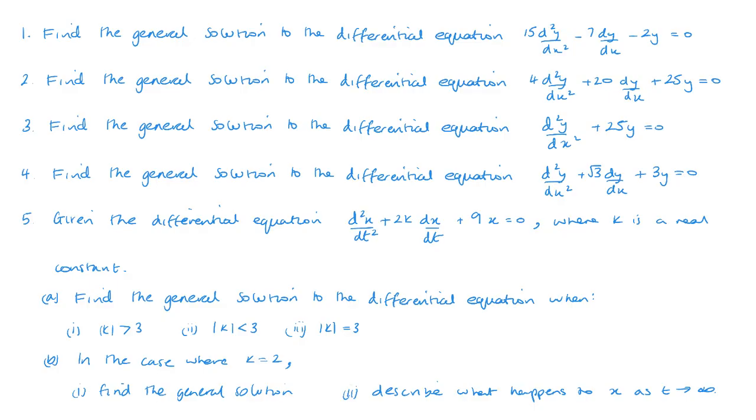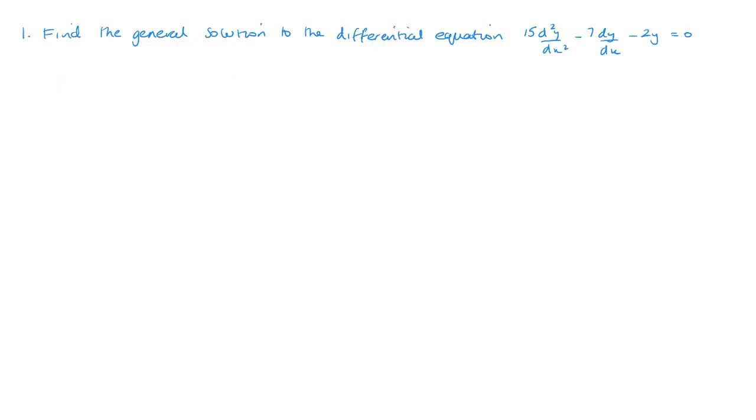Okay, welcome back. Let's have a look at how you did. So you should have got the equation 15m squared minus 7m minus 2 equals 0. I was able to factorize this with a 5m and a 3m, and this was a 1 and a 2.